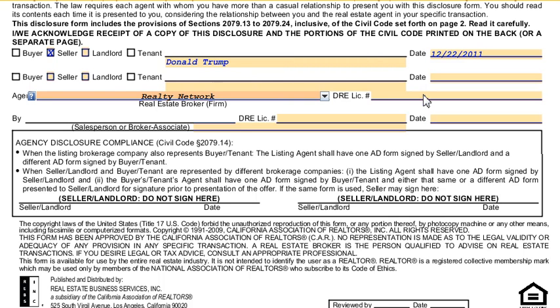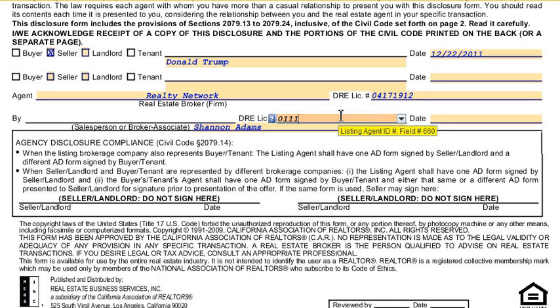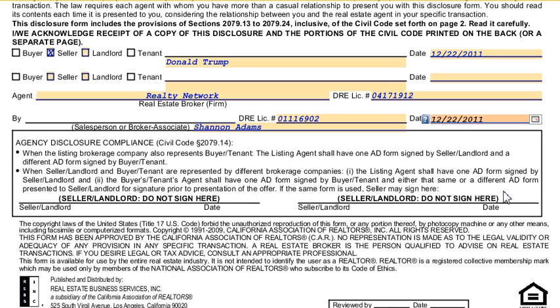And the license number is also the license of your brokerage. And then down here where it says by, that is where you will put your name, the agent's name, and your DRE number. And once again, you can pick the date by selecting the calendar and clicking on the date that you plan on signing this document.